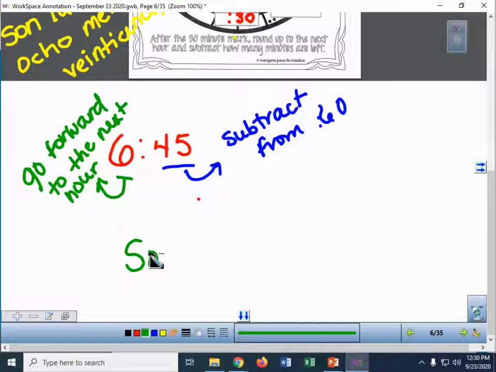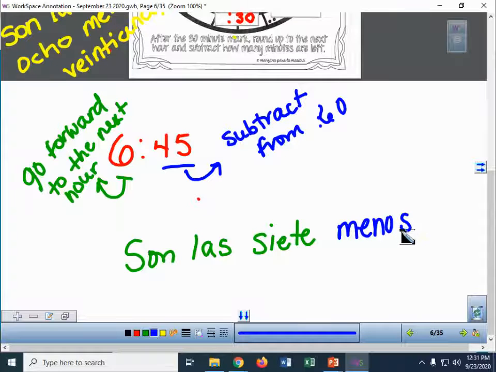So I'll say son las 7. No, we're not using y. Remember, past the 30-minute mark, we're using minus. And minus in Spanish is menos. Menos.